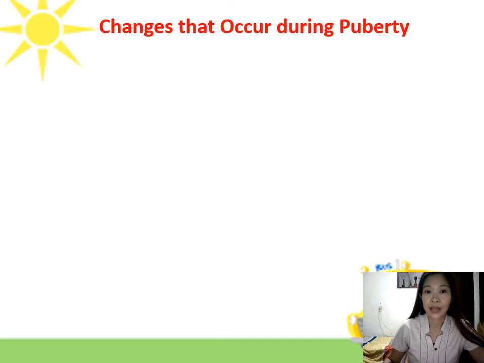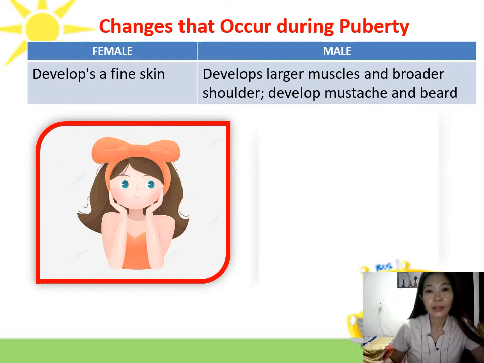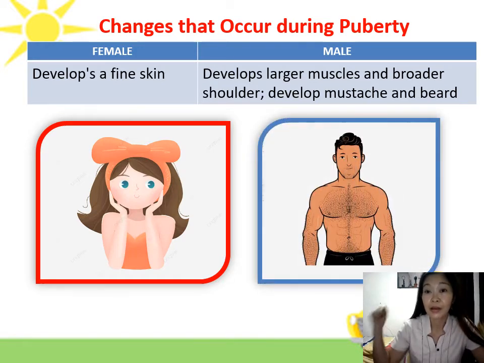Another change is that female develops fine skin, and male develops large muscles, broader shoulders, and a mustache and beard.